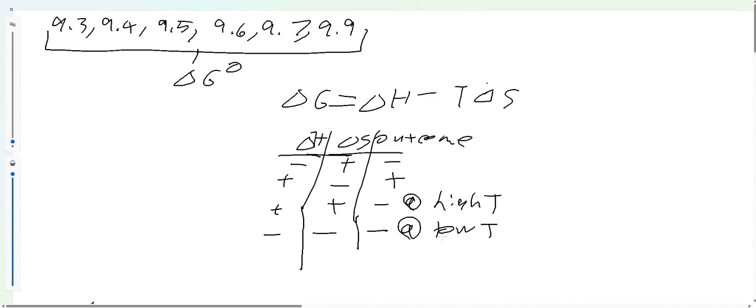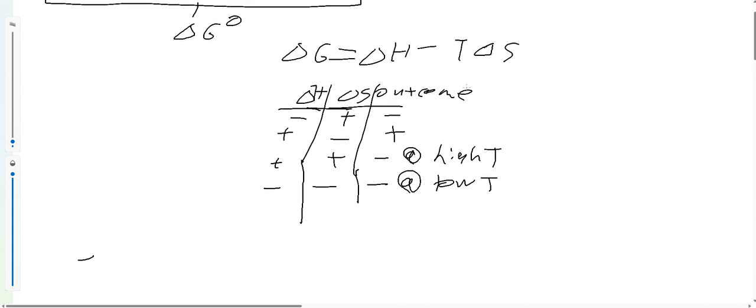What you're really going to be dealing with is the last two cases, where both delta H and delta S are positive or negative, and you have to figure out where it's going to be favorable. Is it going to be favorable at the temperature you're given? You're going to have to calculate that. It's just what AP wants.